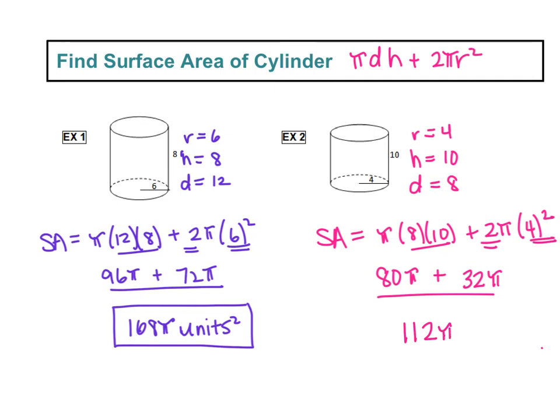So 112 pi, and then our unit is units squared because it's area. And that's how you find the area of a cylinder.